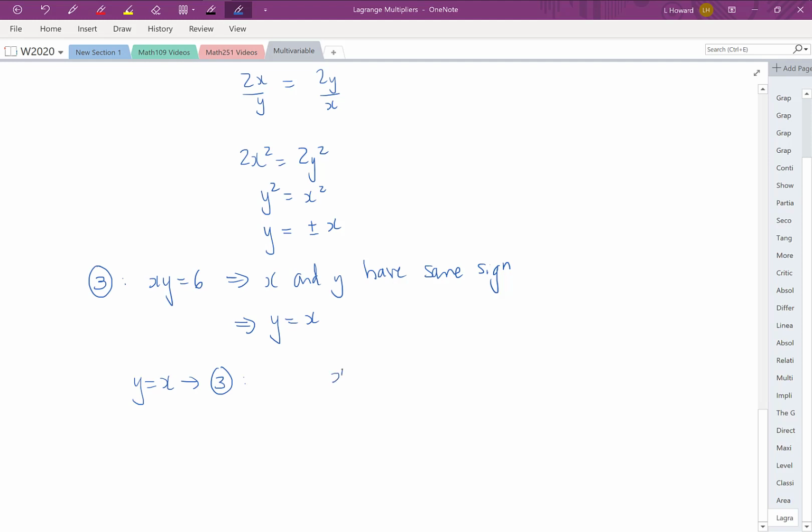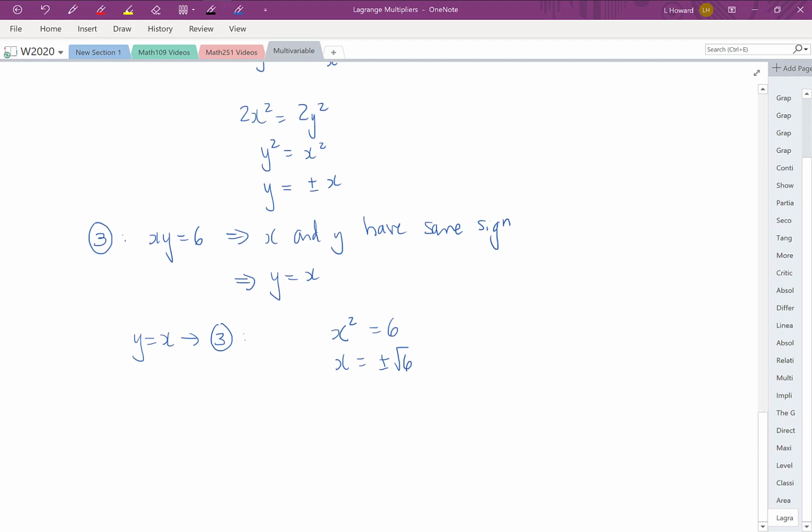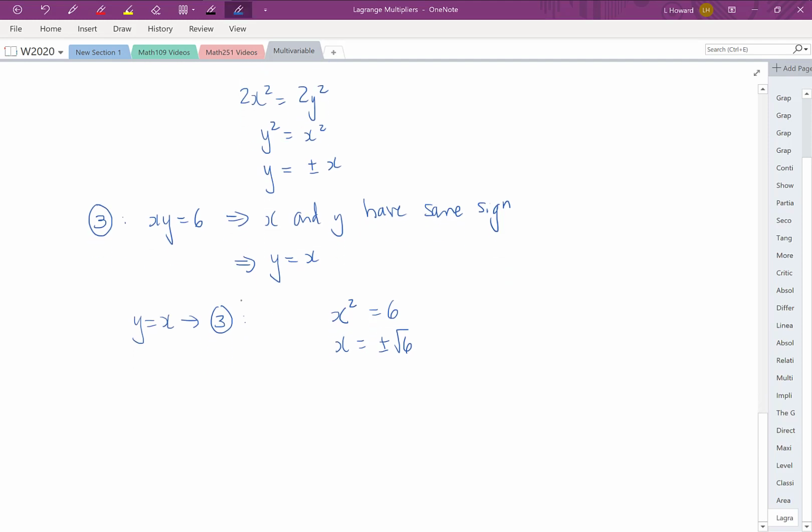Equation 3 said xy equals 6, but if we replace the y with the x, this is going to read x squared equals 6, which means x can be either plus or minus root 6. Okay, and then just to give a complete answer in terms of our x and y values, remember we decided up here that the y value would always be equal to the x value. So if you have the option, it's always good to break it into cases.